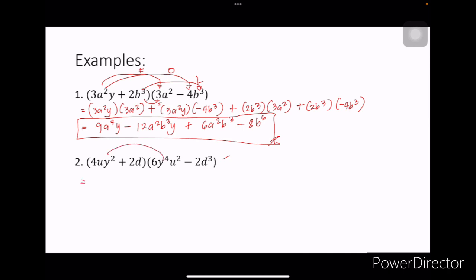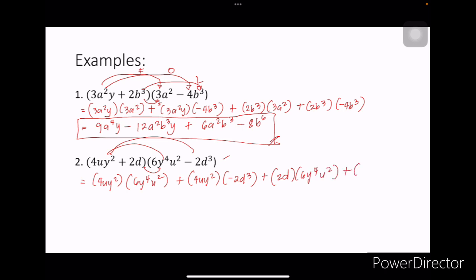First terms first, you have 4uy squared times 6y to the fourth u squared, then plus the outermost terms, so you have 4uy squared times negative 2d cubed, and then the innermost terms, plus 2d times 6y to the fourth u squared, then plus the last terms, so you have 2d times 2d cubed, and then let's try to simplify.